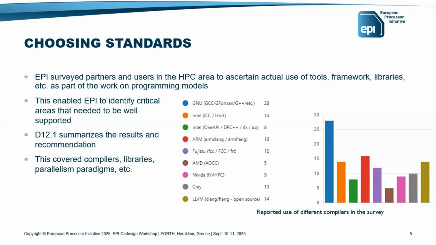And so we identified some critical areas that needed to be well supported, and the result of the survey is available in a deliverable. We will not go through all that here, but you see in the figure an example of the type of result we got from the partners.